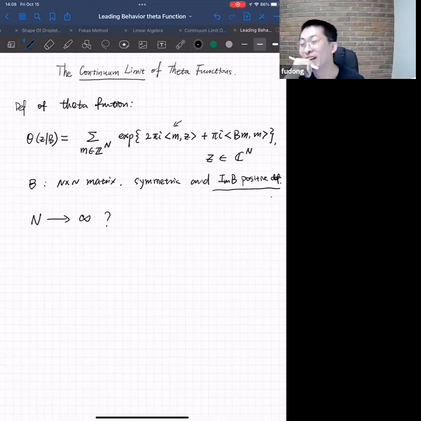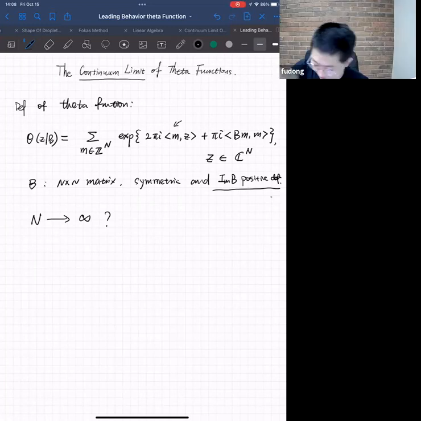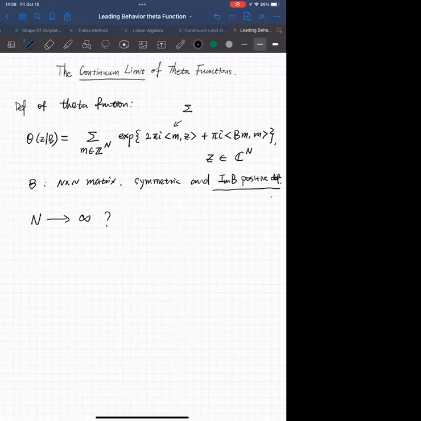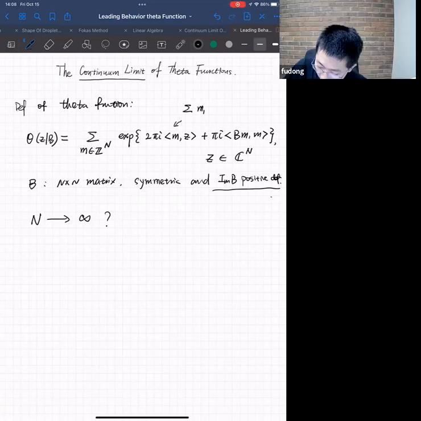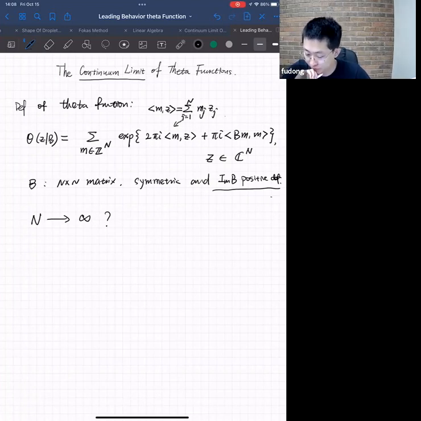The inner product means the sum over j from 1 to n of m_j z_j, and here the same. So B acts on vector m to give another vector, and then the inner product. Is that clear?